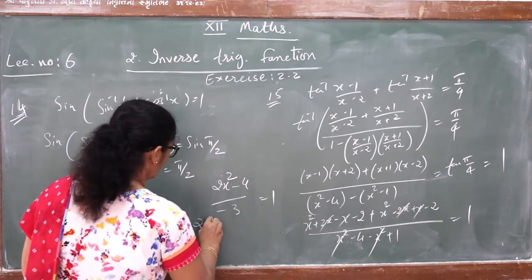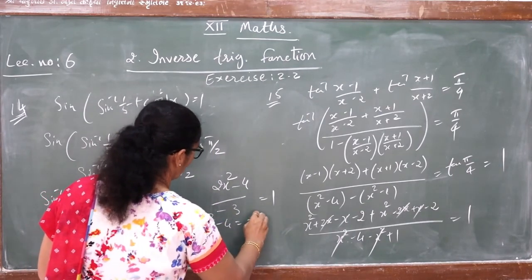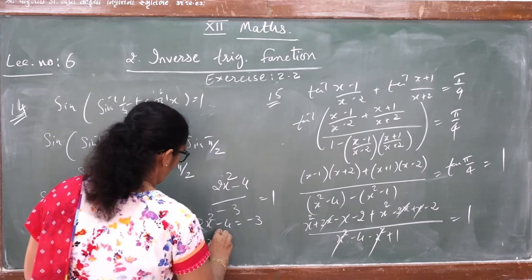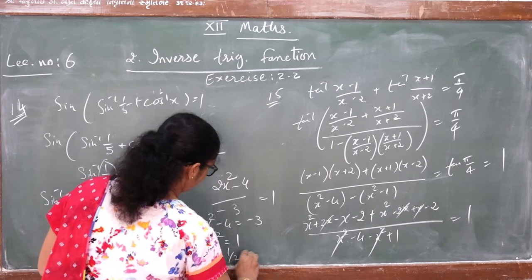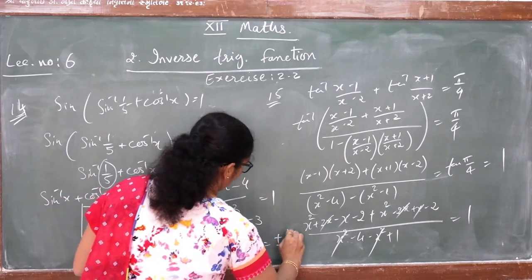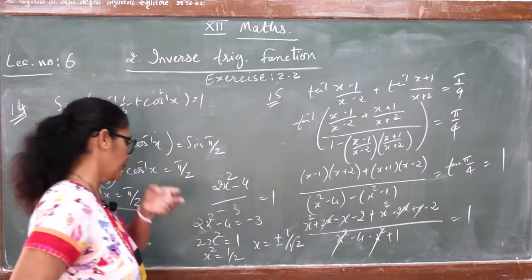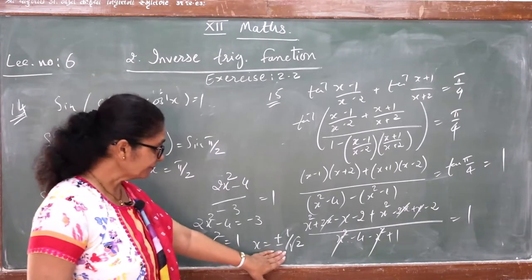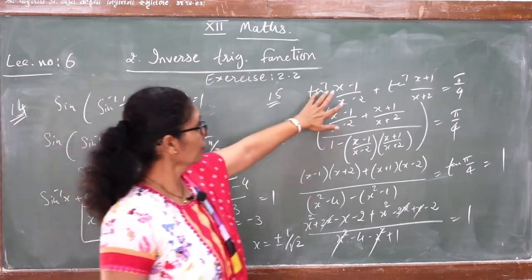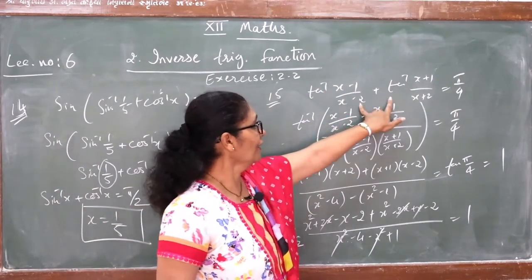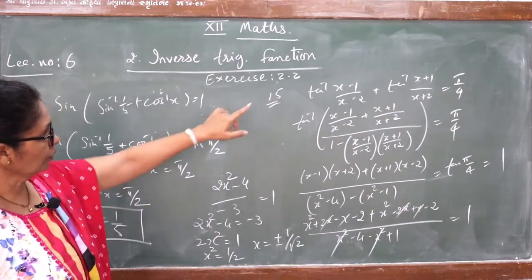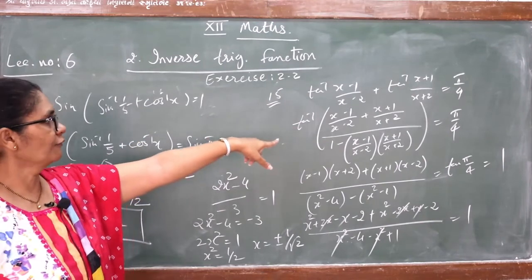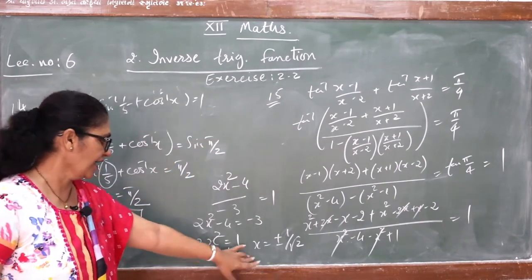What is it? 2x square minus 4 equal to minus 3. 2x square, let's take 4 to this side. x square equal to half. So your x will be plus or minus 1 by root 2. But after getting plus or minus 1 by root 2, here you have to put in both the values, x equal to 1 by root 2 and minus 1 by root 2 also. And if you get the pi by 4 answer, then only your answer is correct.